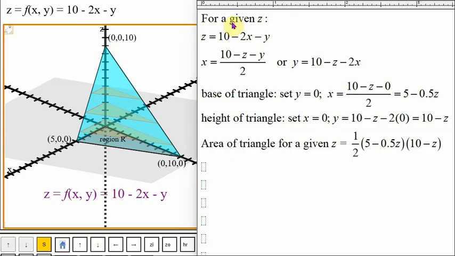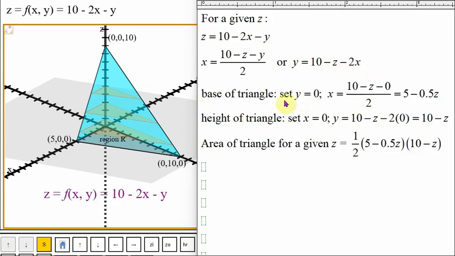For a given z, if we solve this equation for x, we get x to be 10 minus z minus y divided by 2. Solving for y, we get y to be 10 minus z minus 2x.